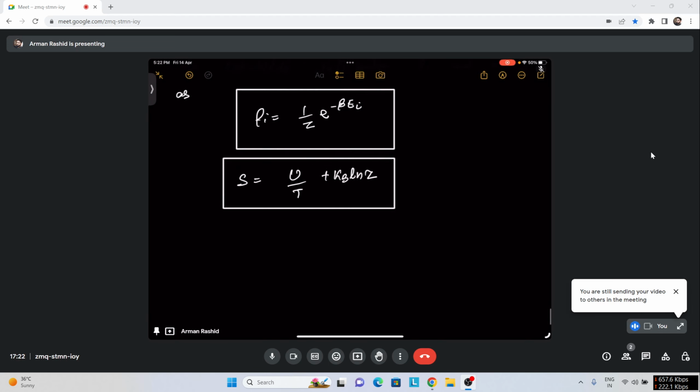Now what we'll do is we'll take some systems, and from those systems we'll try to define the partition function for classical and non-classical systems, and then we will derive different thermodynamical equations from it.